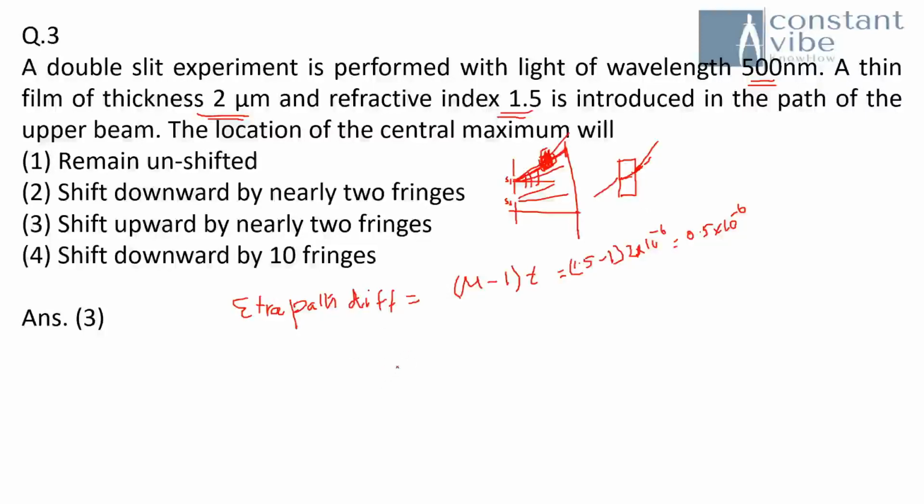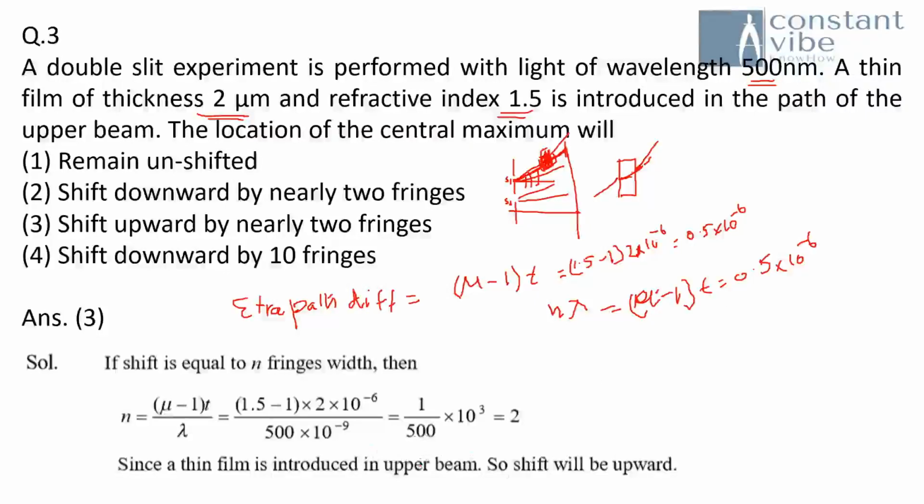We have the formula: n lambda is equal to mu minus 1 into T, that's equal to 0.5 into 10 to the power of minus 6. Shift is equal to n fringes.